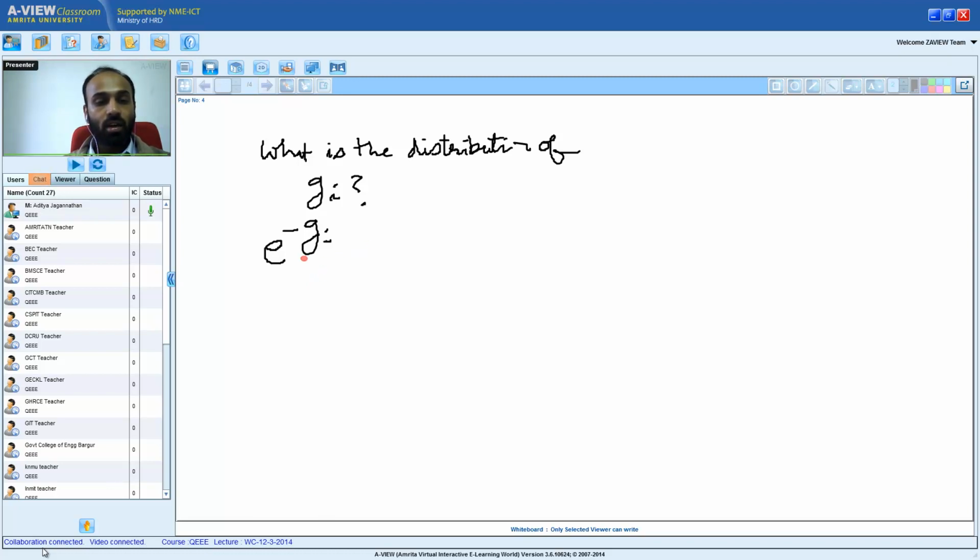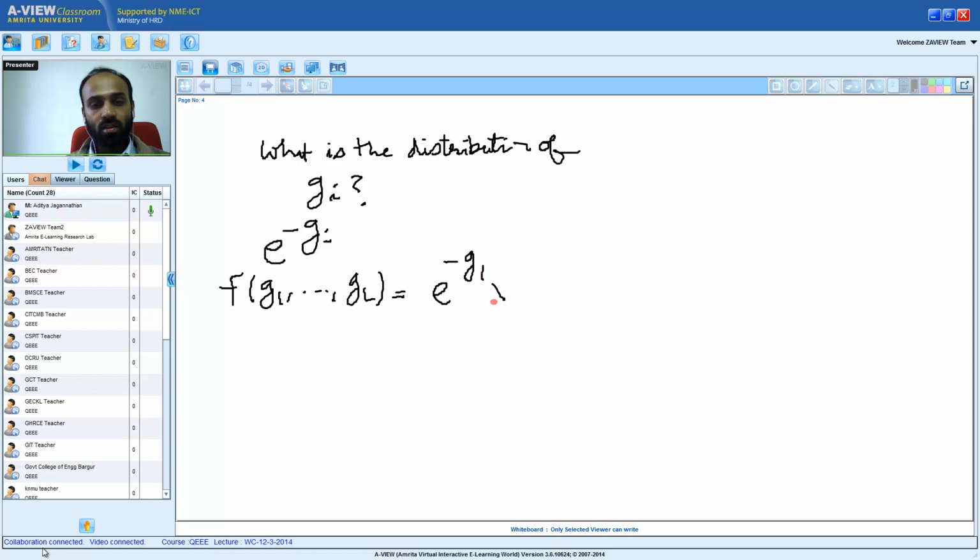If all the gi are independent, what is the joint distribution, f of g1 up to gL? Since they are independent, it is the product of the individual distributions.